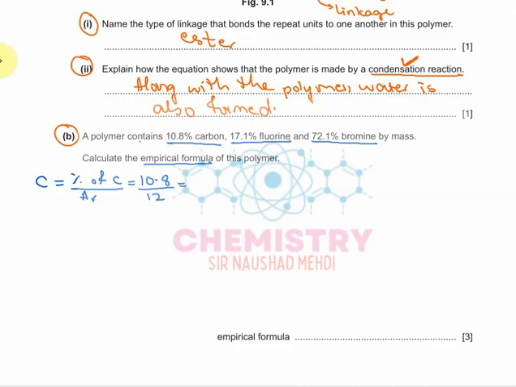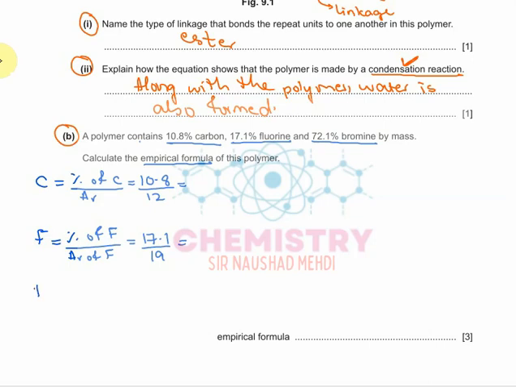Similarly, for the fluorine you will do the same: 17.1 divided by fluorine's AR, which is 19 if you look at the periodic table.